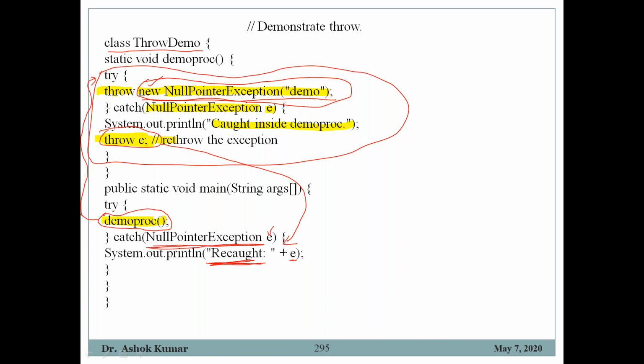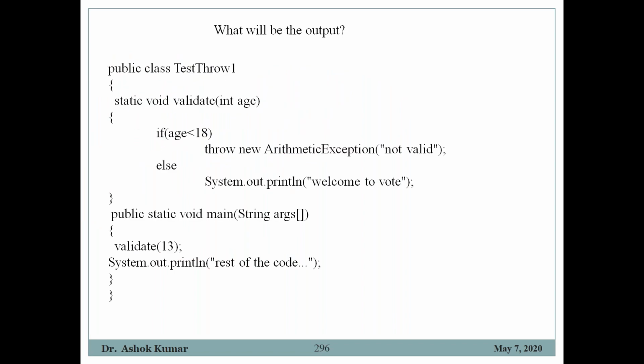Whenever the value of e is printed, the toString method will be called, and the corresponding message will get printed on your screen. This is the case where you can throw the object using some business logic.